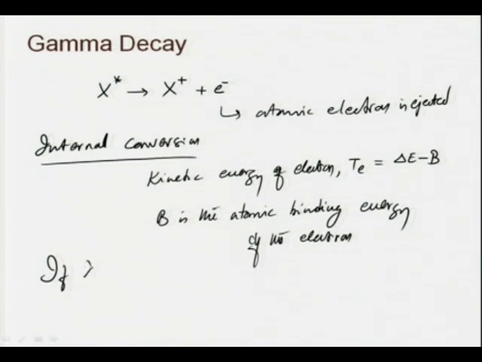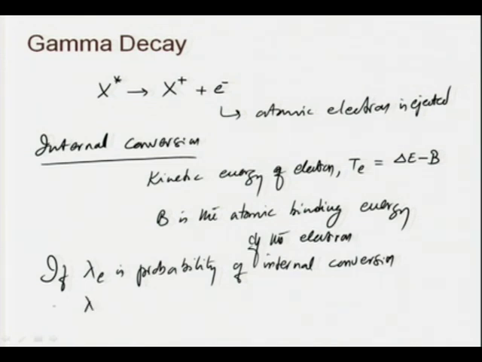Let me denote lambda E as the probability of internal conversion, and lambda gamma is the probability of gamma emission from an excited state.